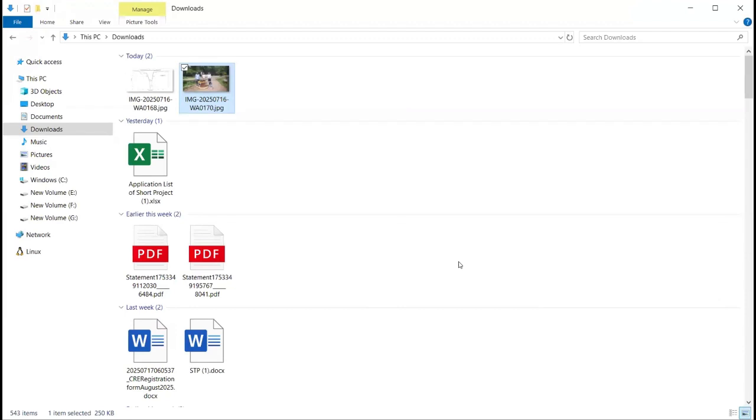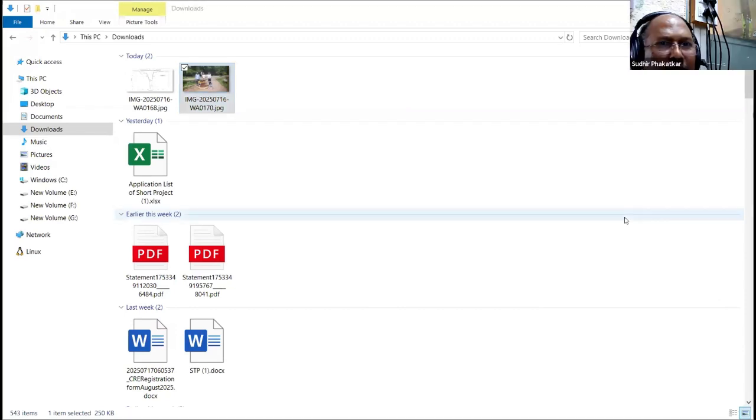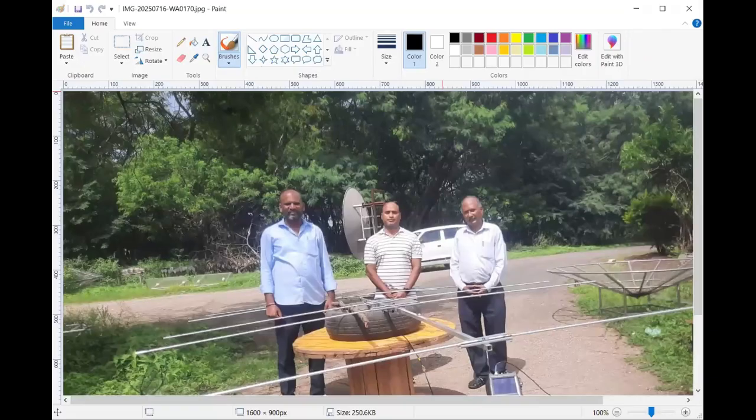Can you see the picture? No. Wait. What is happening? Can you see now? Yeah.